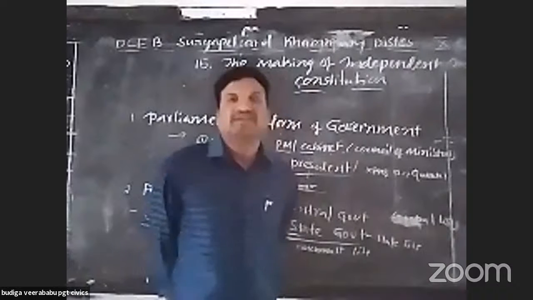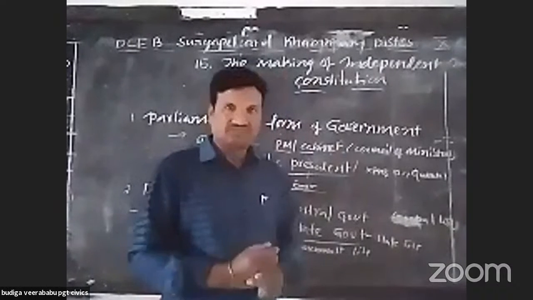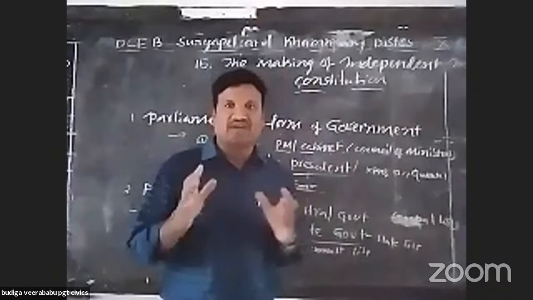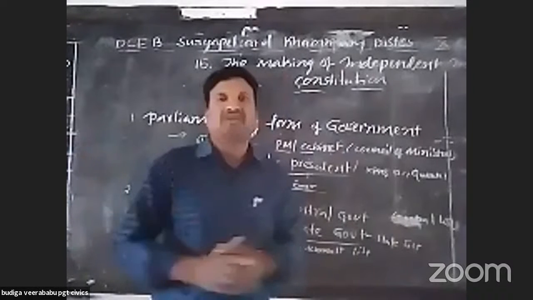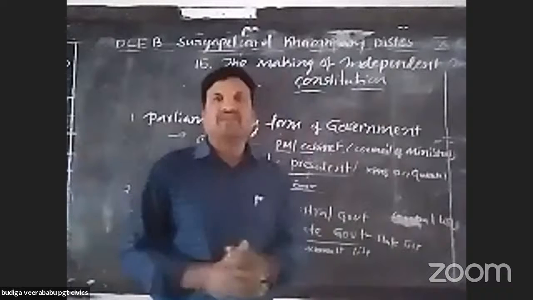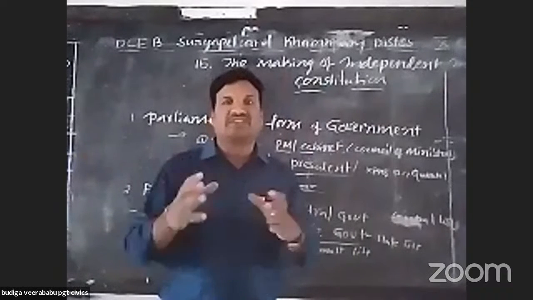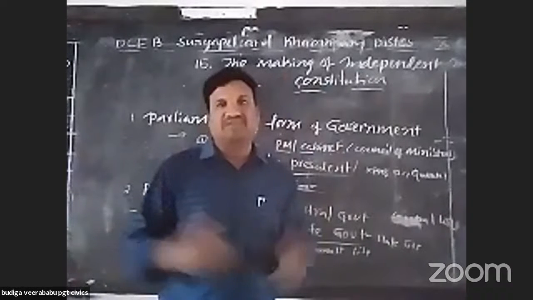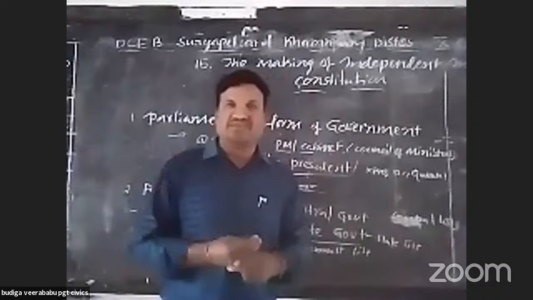That is what we call the federal system. So India has not followed the fully parliamentary form of government like Britain, and it does not follow the fully federal government system like the USA. We adopted from these two countries what is suitable for the Indian government and the Indian political system, and that only we adapted from these two constitutions.